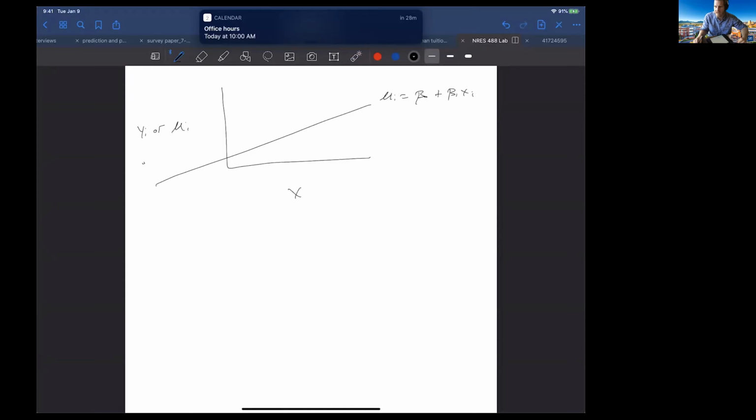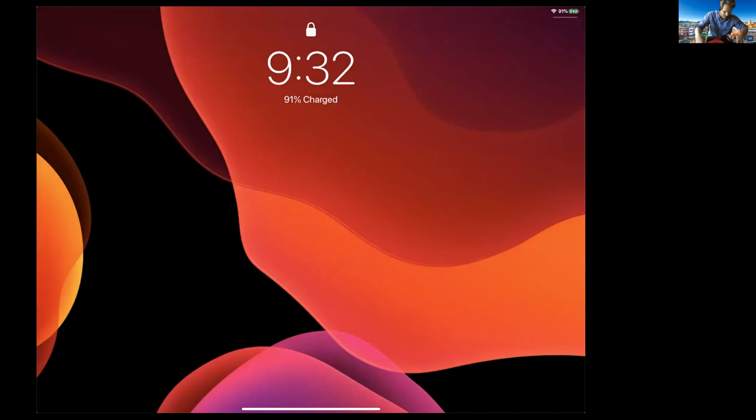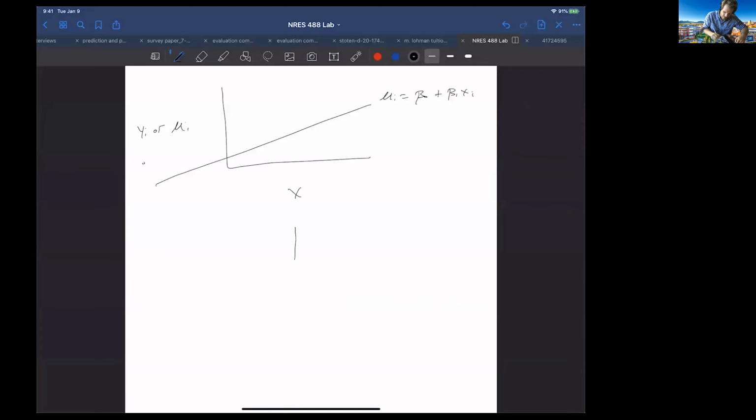What we're doing when we add more than one covariate is we're adding another dimension to this graphical plot. So here we still have, let's say, y_i on this axis.